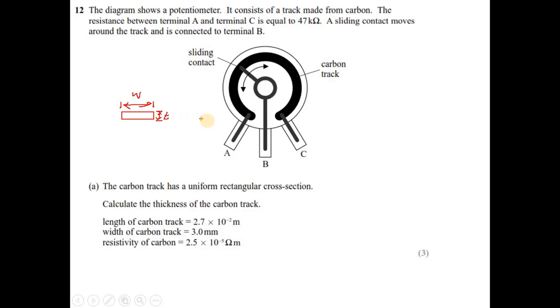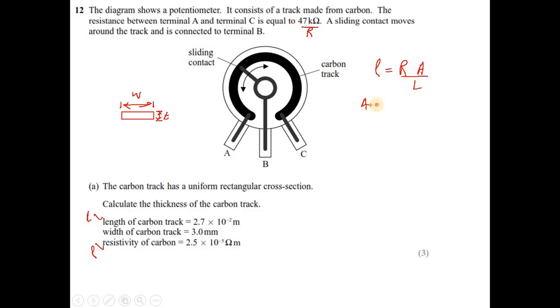It's not that difficult because we know that the length, resistivity, and the resistance are given. R and the length and rho are given. If we can find the area of this track using the resistivity formula, we can figure out the thickness. That's what we are going to do. We know that the resistivity of a material, rho, is equal to R times area divided by length.